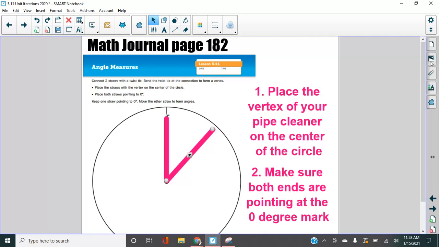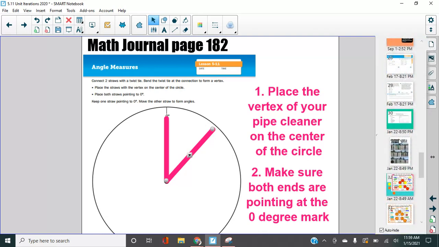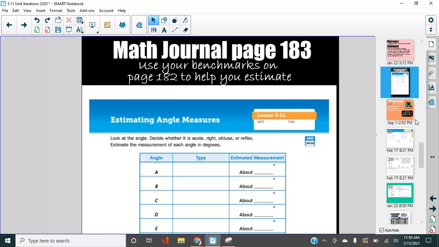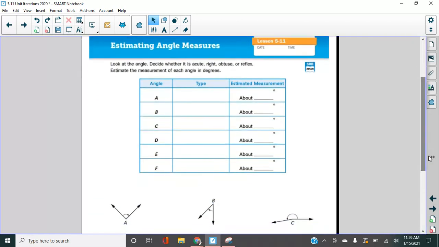So that angle, it's not obtuse. It's not a right angle. Let's find that page again. There it is. Okay, it's open just a little bit. Do you remember the name? It's called an acute angle. So for B, we're going to write the word acute right here.